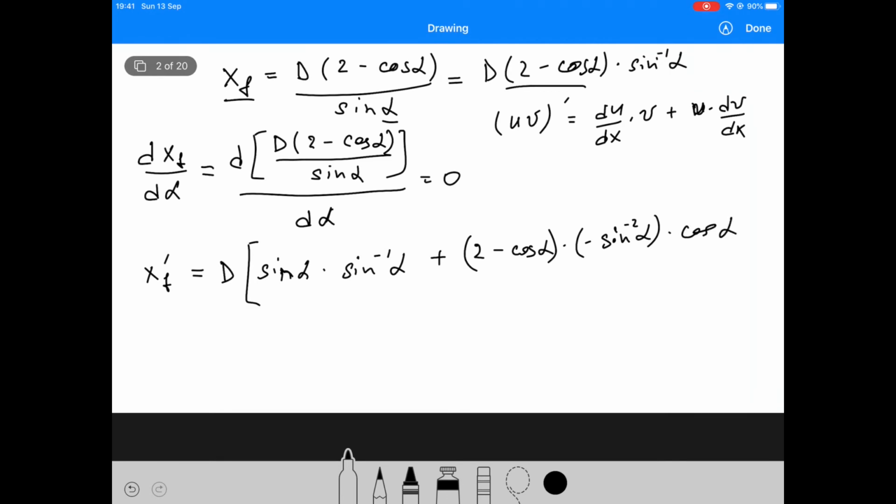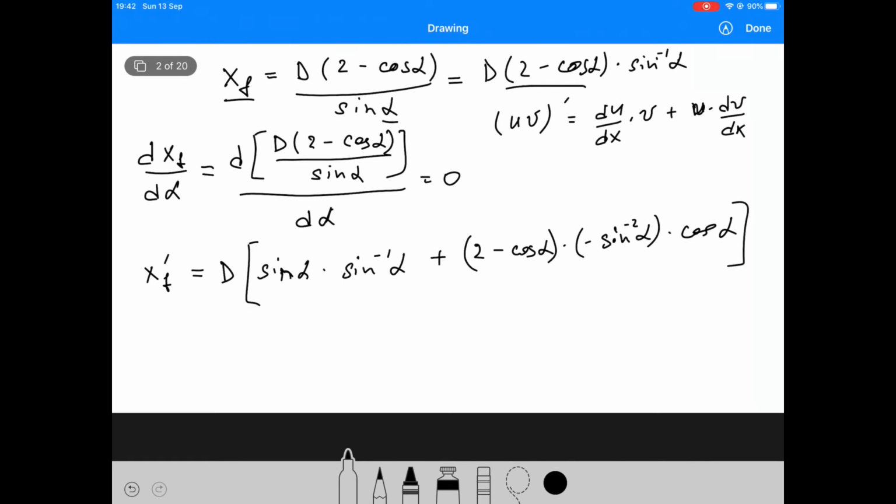So we took the first derivative of sine alpha to the minus 1 power, so it's minus sine alpha to the minus second power, and then we multiply by the derivative of sine alpha, which is cosine alpha. Okay, so here we are done.